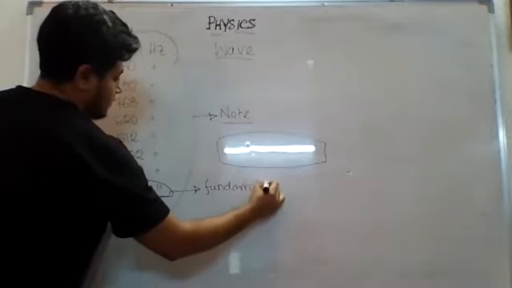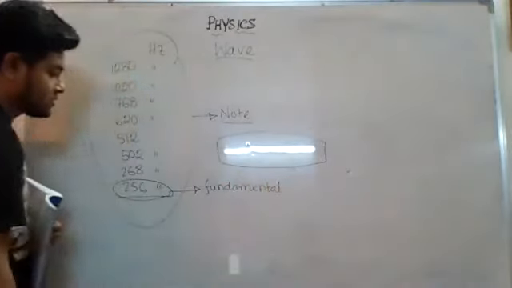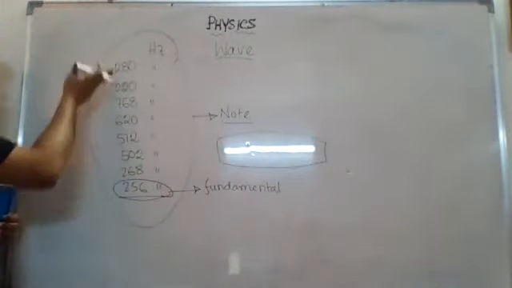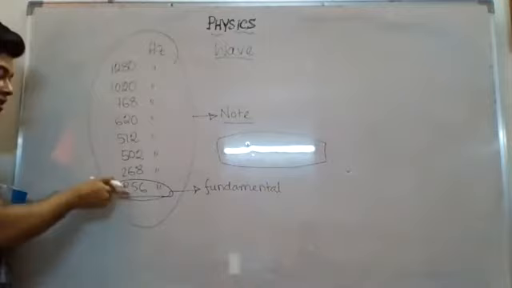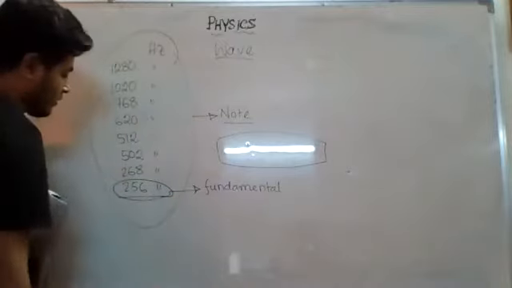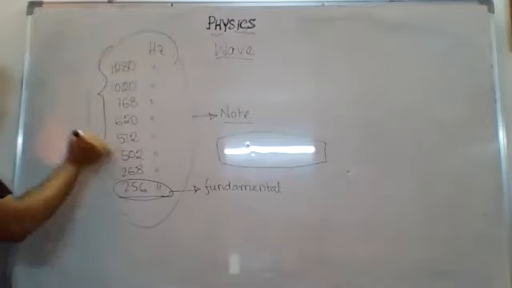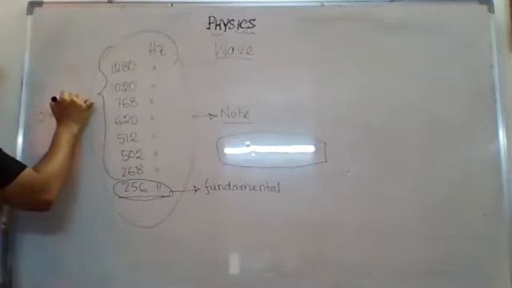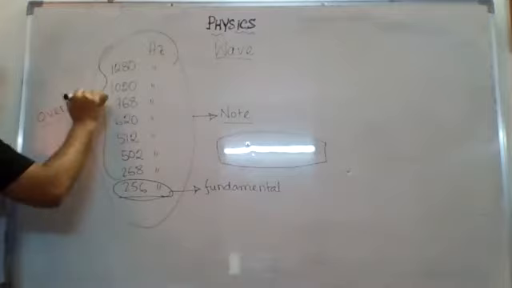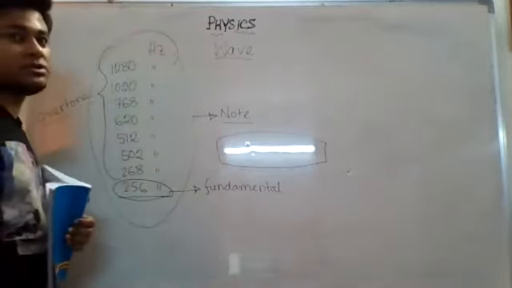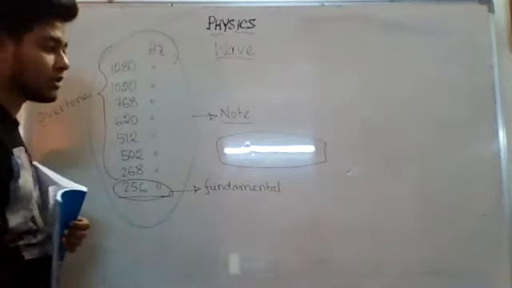Definitely all other frequencies will be greater than that, because I have taken the lowest one as fundamental. So all other frequencies above this one will be known as overtones. Among these overtones, a couple of frequencies will be known as harmonics, right?